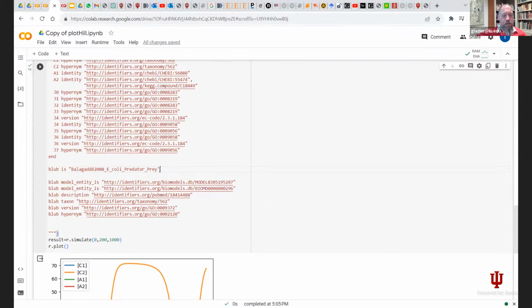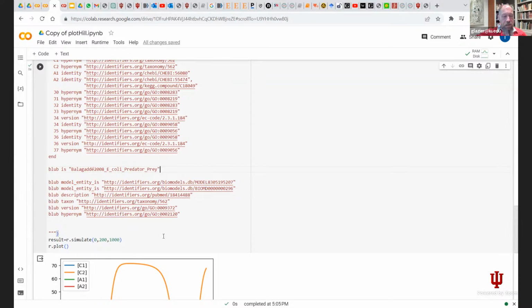Blurb, model entity is, and then these are the BioModels identifiers. That's the unique identifier for the particular model you're running. But if we go down a little bit lower, PubMed 184144488 is the identifier of the paper in which this model was published.